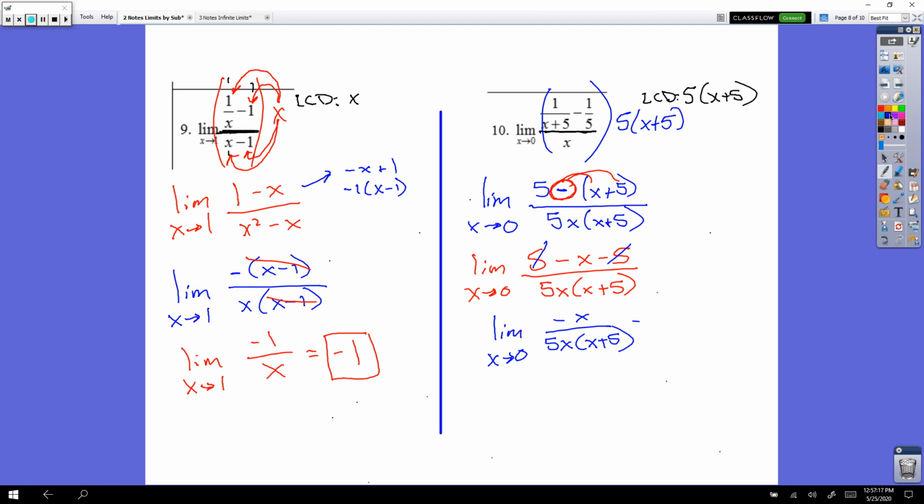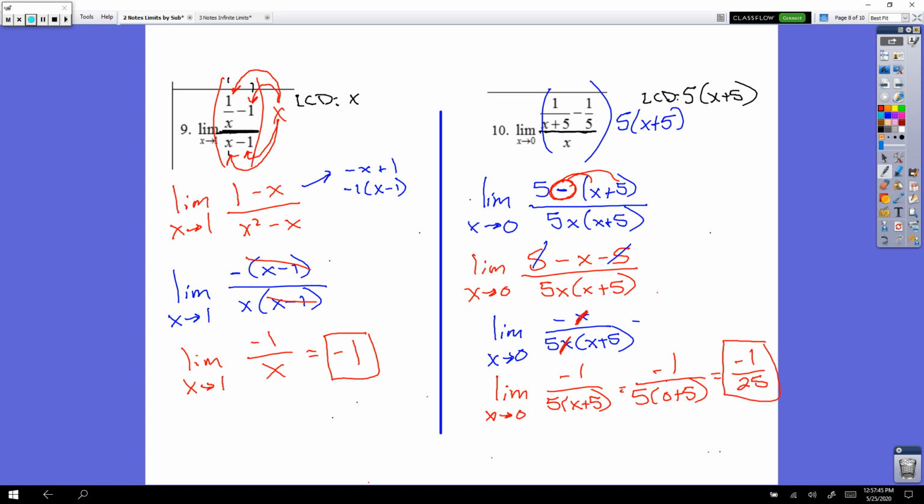Now I see what will cancel and make this problem work. I can get rid of the x. So the limit as x approaches 0 of negative 1 over 5(x plus 5). Now I can plug in 0 with no problem. So we would have negative 1 over 5 times (0 plus 5), negative 1 over 5 times 5 would be 25.